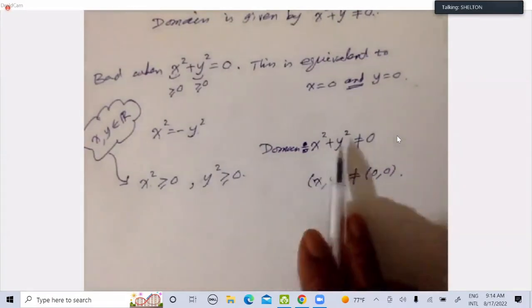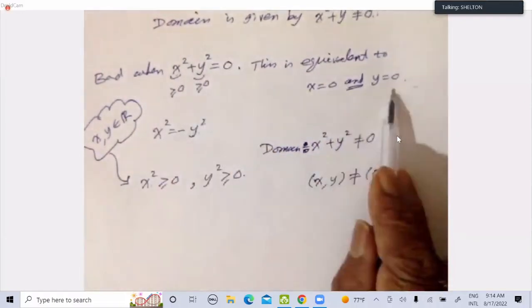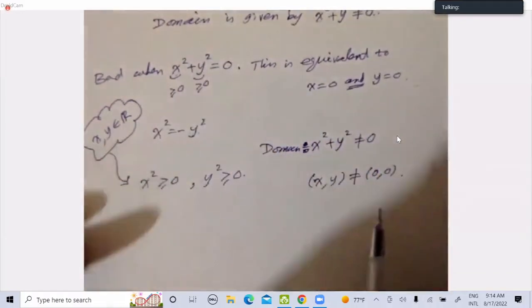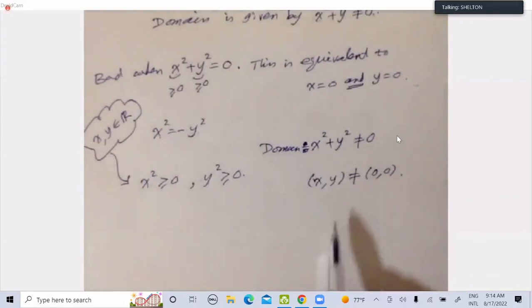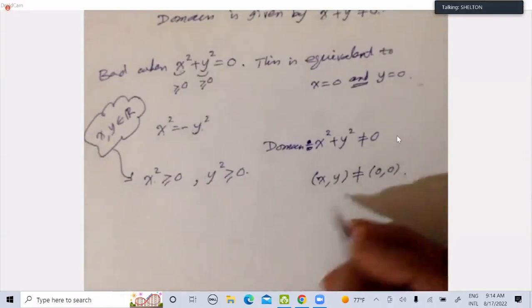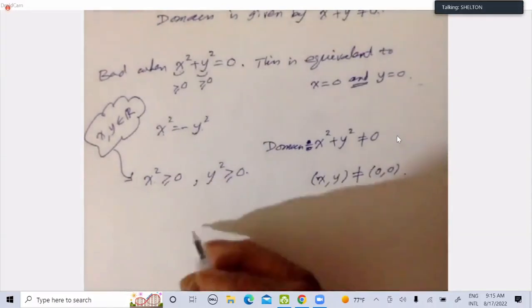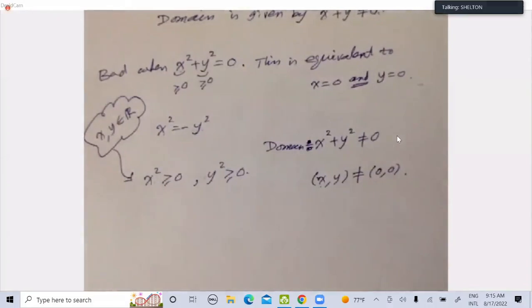Because if this is 0, we get x is 0 and y is 0. That is the only time when this can be 0. So domain is given by x comma y not equal to 0 comma 0.